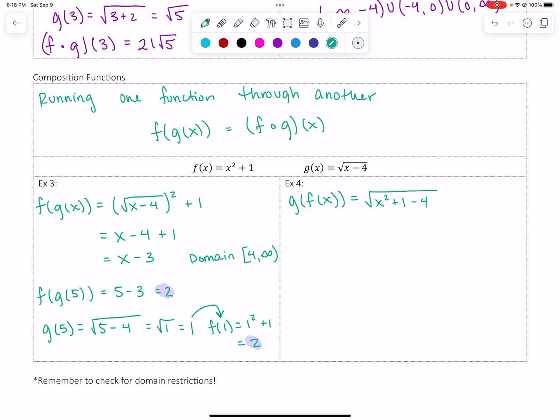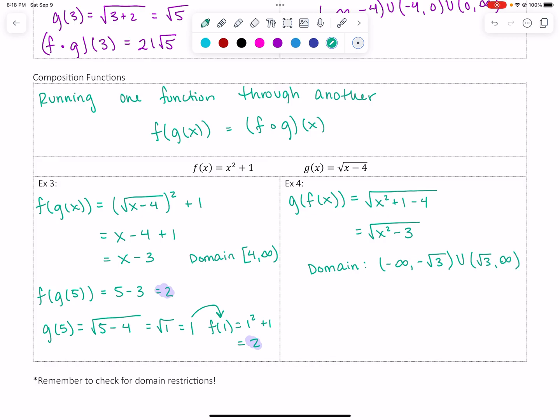But when I look at my g of x, right, I can only take certain numbers into g of x. So my final answer here is going to be the square root of x squared minus 3. And for my domain restriction, I know that I can go from negative infinity to negative square root 3, union square root 3 to infinity.